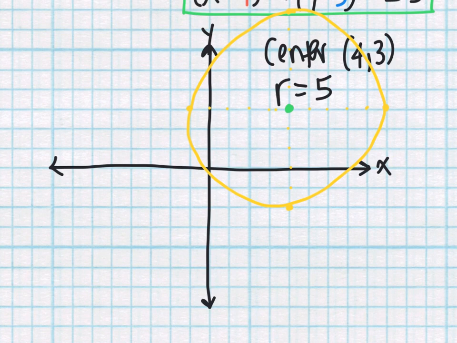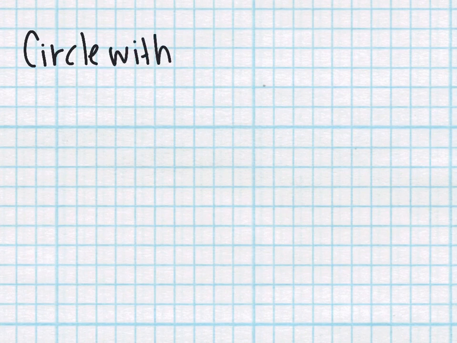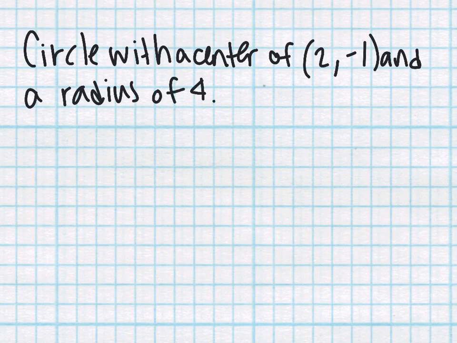Okay, let's do one more example of writing an equation. So, circle with a center of (2, -1) and a radius of 4.